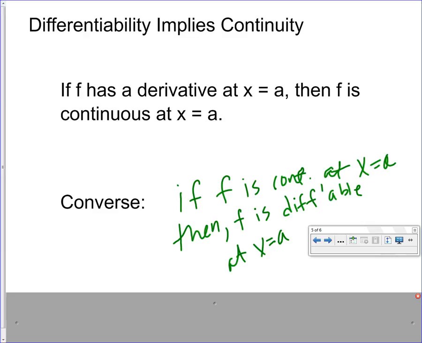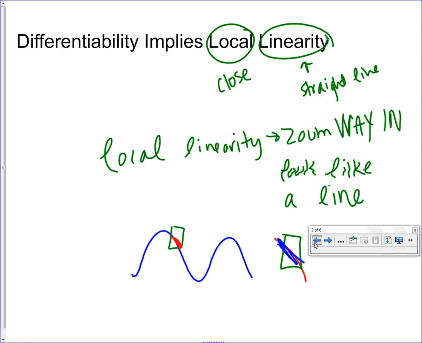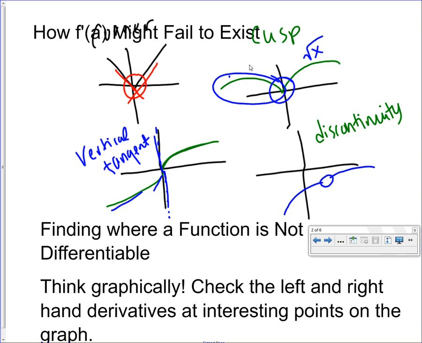So if you think back to the very beginning of these notes where I said, how do you find a place where you're not differentiable? I'm going to go back to the first section. Where do you fail to exist? Those interesting points that I'm talking about, those are points where I may not be continuous. If you're not continuous, like in your discontinuity, you definitely are not differentiable.